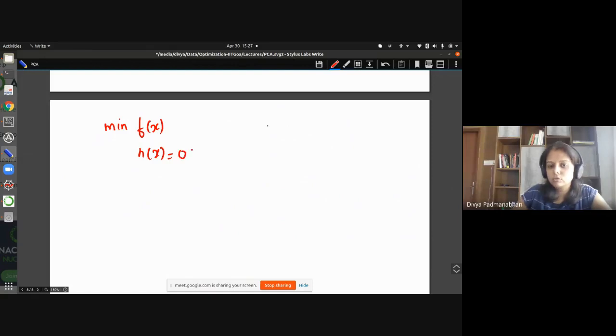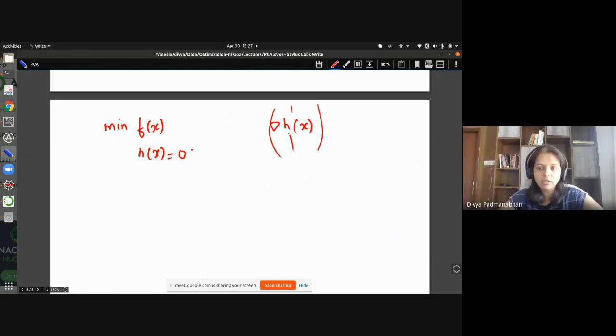Here the only gradient that you have is this, the gradient of h of x, and this set has to be linearly independent. So what it means is that it is not equal to 0. As long as this is not equal to 0, then x is a regular point.